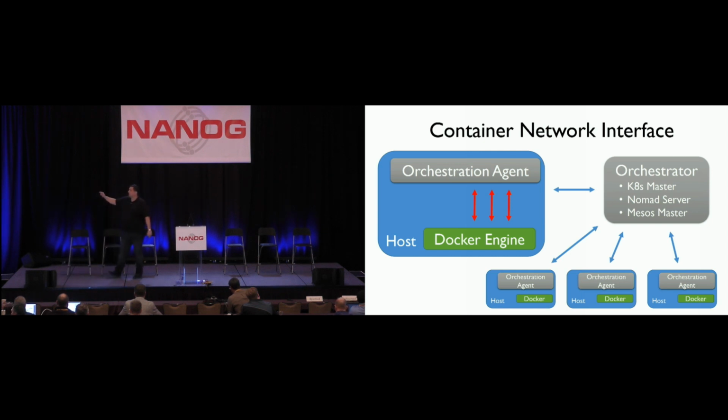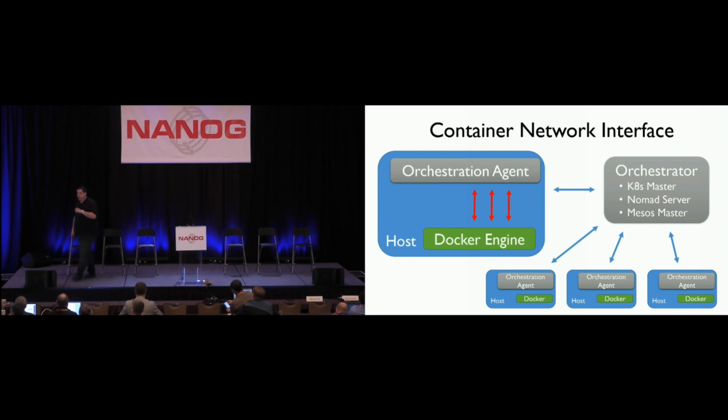Now, those orchestration agents will talk to the orchestrator, which is Kubernetes, maybe Mesos server. There is a new thing in town, Nomad. And when they talk, the master would call the slave and say, run this command for me, and I want you to use the bridge driver, and here's a network definition that I want you to use.